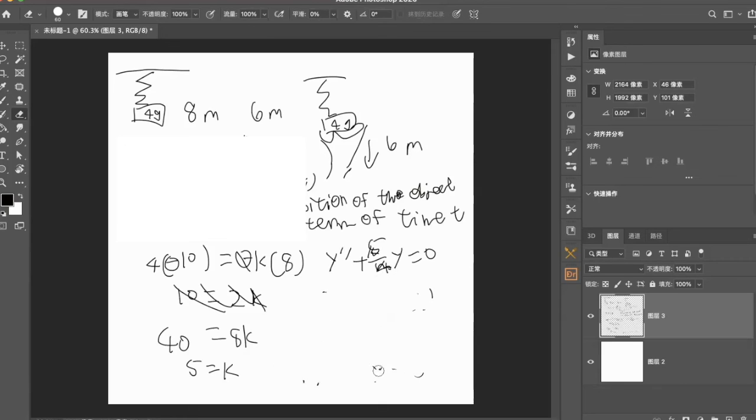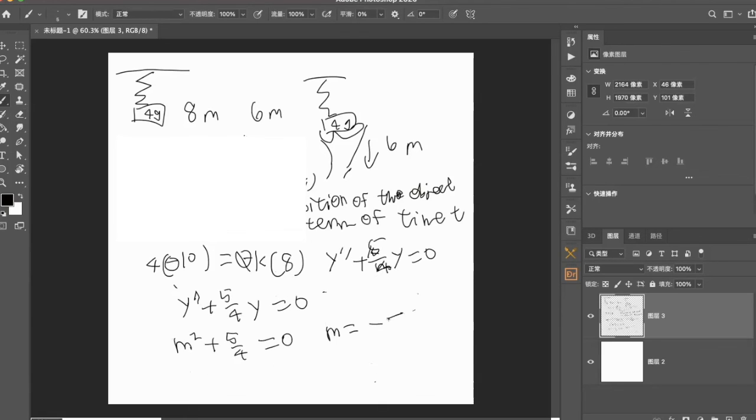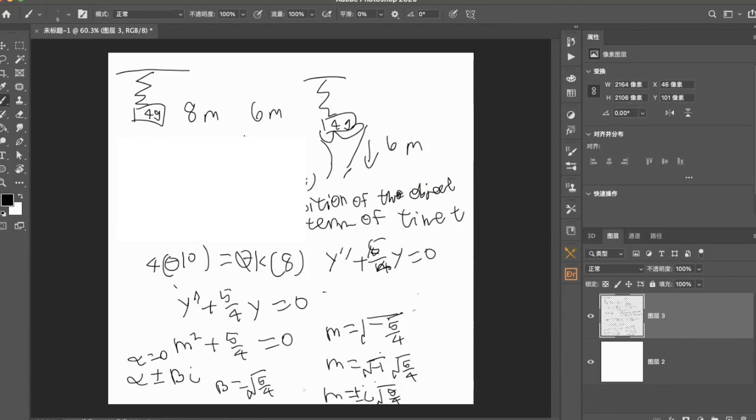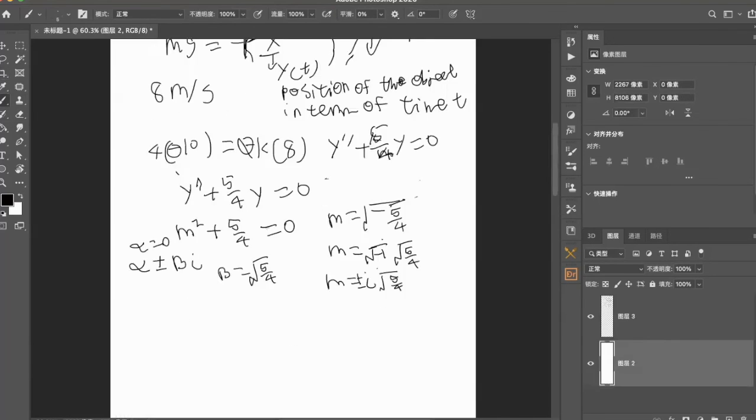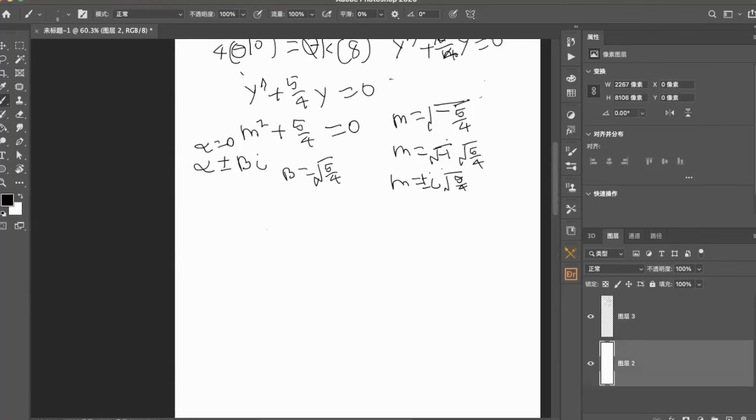So now we have an equation to solve. Let me clean up the space and use our algebra skills. Okay, we get complex roots, and we can tell alpha was 0 in this case, and beta was the square root of 5 over 4. So the position of the object oscillating over time will be e to the 0x, which is e to the 0, which gives us 1, so we don't need to write it.